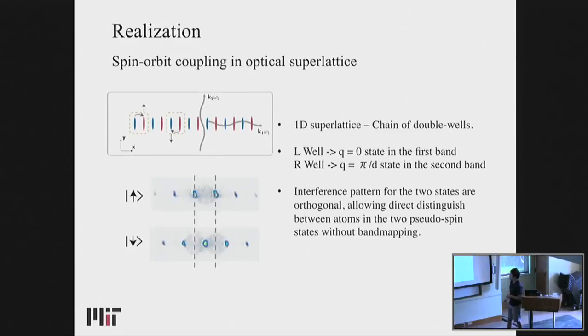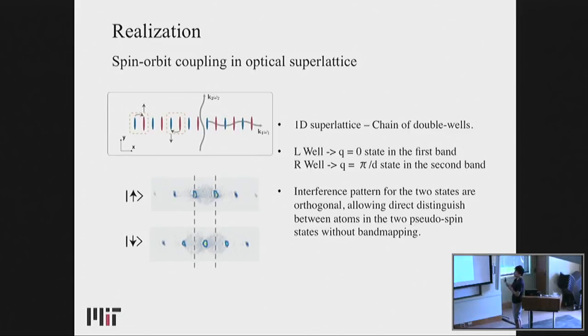This describes what I just said. For the spin down state, we have the q equals zero state, and we just expect the normal diffraction pattern with the peak centered at q equals zero. But the spin up state is in the q equals pi over d state, so we expect a momentum shift of the interference pattern, and the distribution will change to the distribution that the q equals pi over d state has.